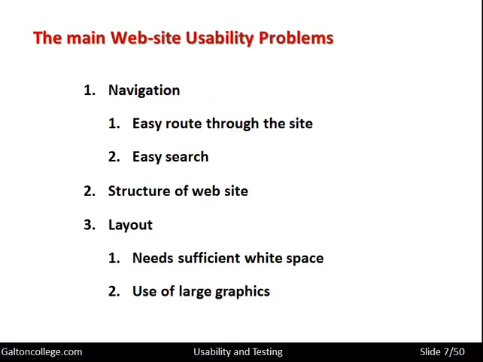The main website usability problems were navigation, trying to find ways around the site, and putting in easy search. The hyperlinks should be clearly indicated, and they should go to where they promise. If the hyperlink is to a certain page, it should go to that page.